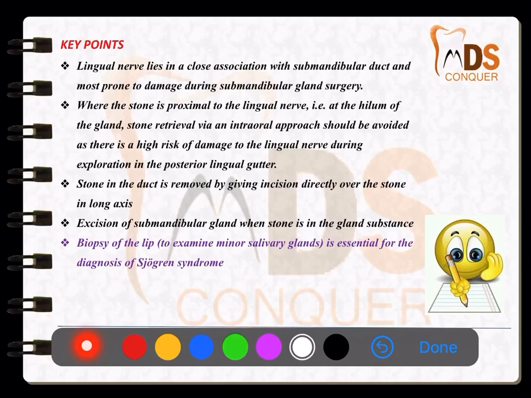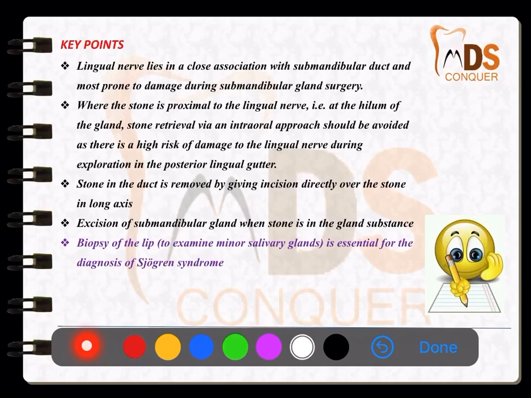Okay, and if a stone is proximal to the lingual nerve at the hilum of the gland, then stone retrieval via an intraoral approach should be avoided, because there is a high risk of damaging the lingual nerve during exploration in the posterior lingual gutter. Okay, that's the reason. If it is closely associated with the lingual nerve, we are not supposed to retrieve the stone via an intraoral approach.